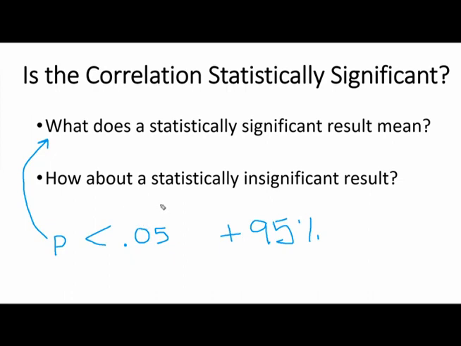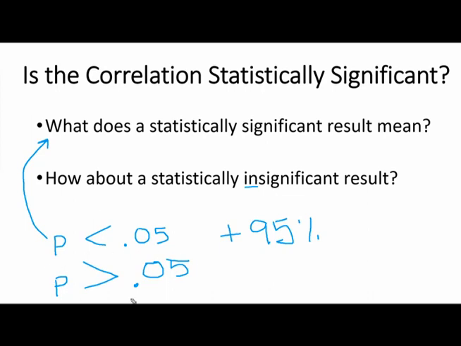Now, if we look at the converse of that, what if we have a statistically insignificant result? What if our p-value is larger than 0.05? Well, if it's larger than 0.05, then we're saying that the chances are starting to get pretty high that there's a good chance that the result that we're getting could have come from a population that didn't have an association.